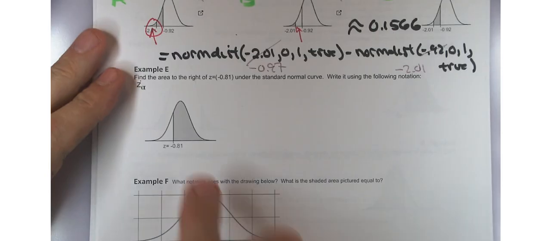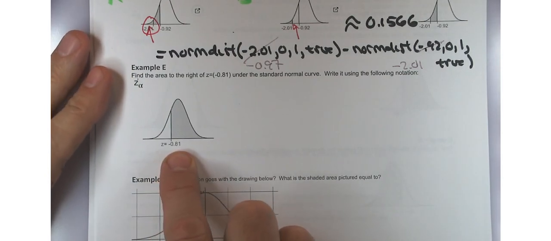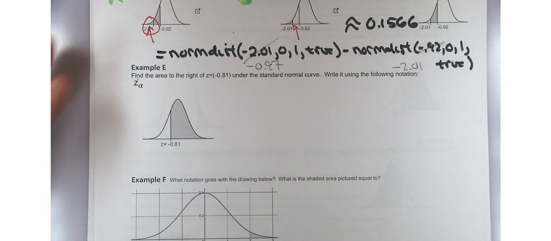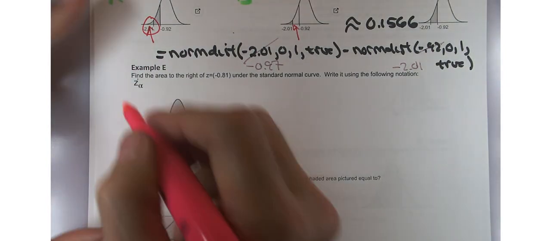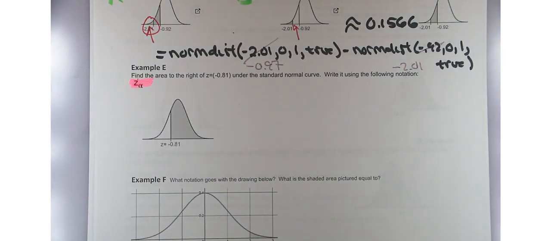So we've got this Z value. In order to write it with this notation, what we need to figure out is how much area is in the right tail, how much area is shaded. So how are we going to work on that?